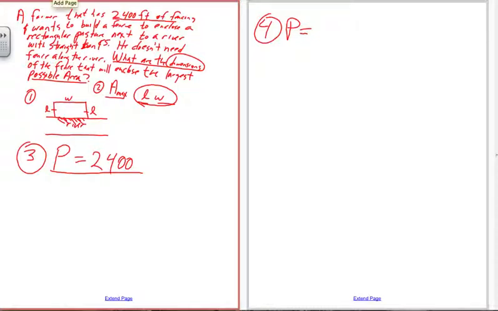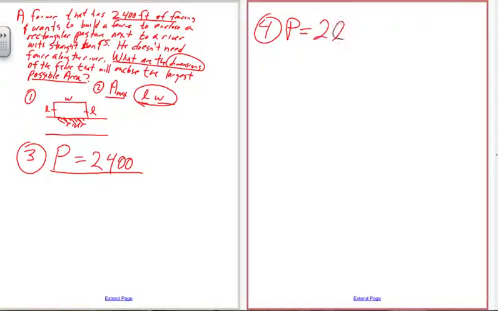So the perimeter is going to be 2L, but I'm only going to need 1W. So there's part of it. Area is length times width. So there's our equations. And you thought that was going to be the hard part.